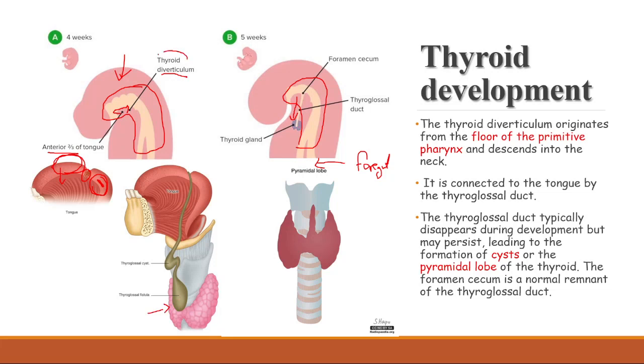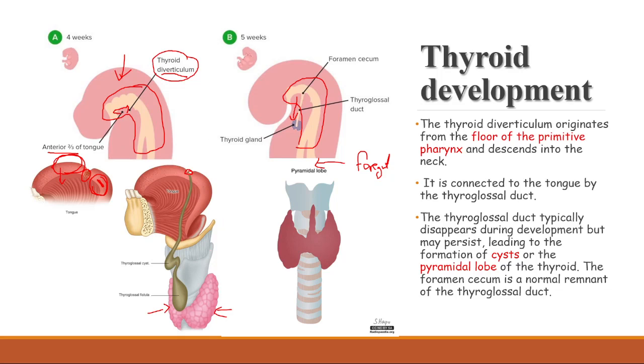This diverticulum that's being formed is going to undergo cell division, and then it becomes the 2 lobes of the thyroid gland, right? And then between the thyroid gland and the opening here and the diverticulum, you'll see something called the thyroglossal duct. And from its name, it connects the thyroid with the tongue. Very easy, right?